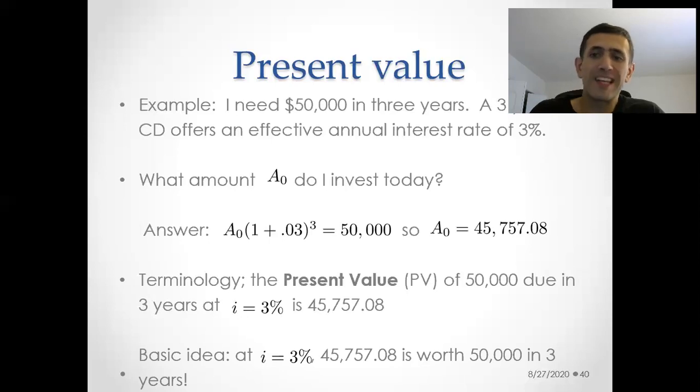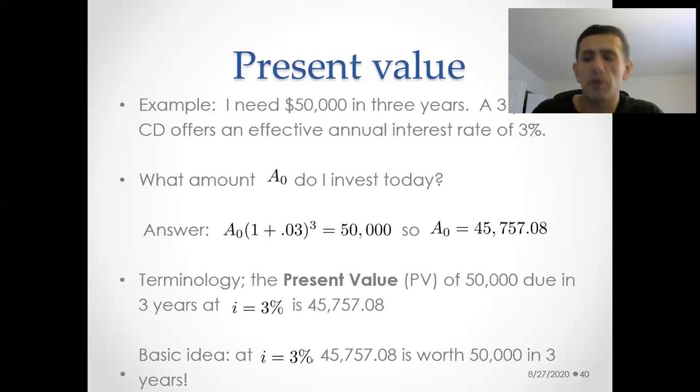Okay, so in time, this $45,757.08 becomes worth more and more and more, which makes sense. If we had a dollar 100 years ago, it's worth now probably, I don't know exactly how much, but if I had to guess, maybe $10.